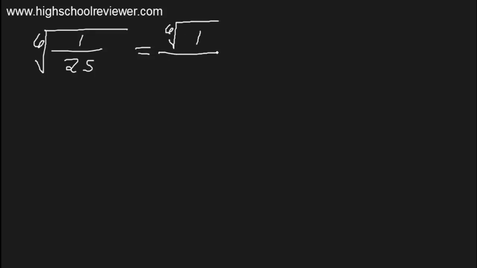Our next problem will be the sixth root of 1 all over 2s. So again, let us rewrite this. So this will be the 6th root of 1 all over the 6th root of 2s. And then let us make our denominator into exponential form.